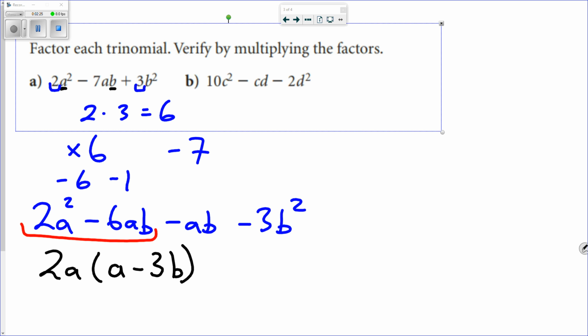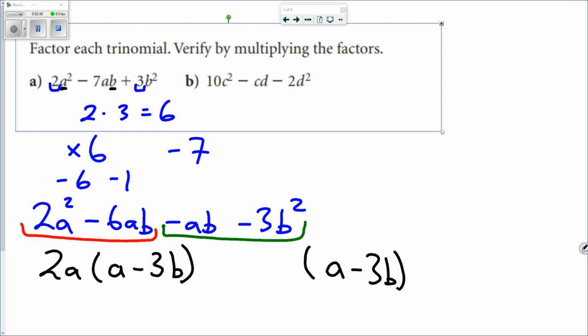And then we look at the second part here. And we definitely, hopefully, can factor something out to get an A minus 3B over here. Take a look, there's no coefficient on the first term, so we can't factor out any sort of numbers.